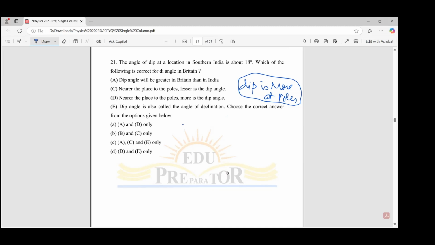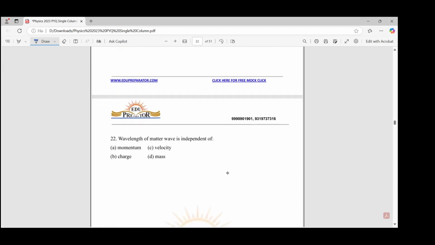So you can just easily see the dip angle will be more in Britain than in India because Britain is more towards the poles. And similarly, the point number D, if you just study, so you have this point again with you. The nearer the poles, the more is the dip angle. So making this D as a correct answer, and therefore A and D are correct. Fine. So let's move further to the next question.